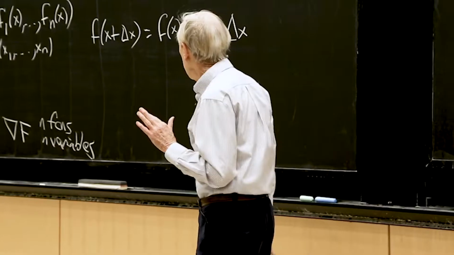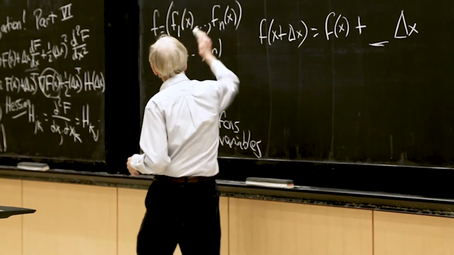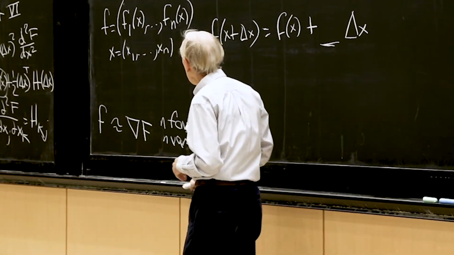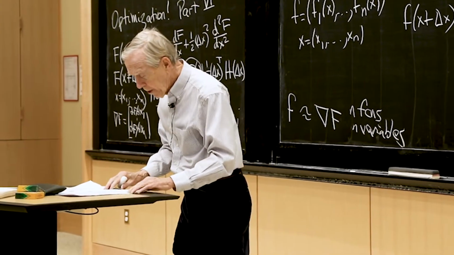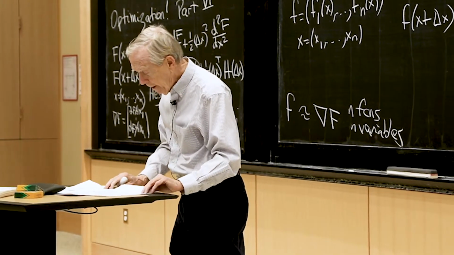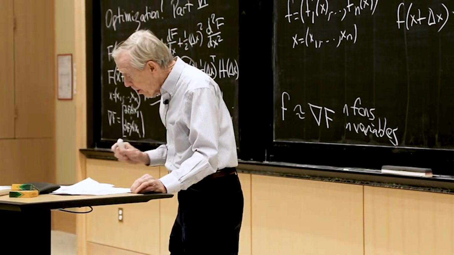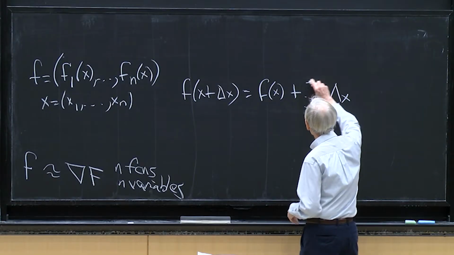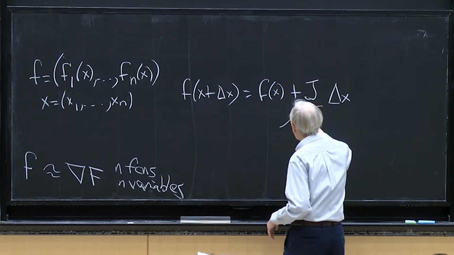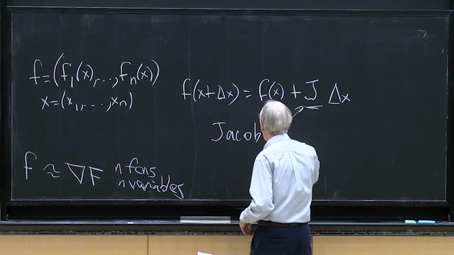Well, if I'm just given n functions, what am I after here? I'm looking for the Jacobian. So here we'll go the Jacobian, J. This is the Jacobian, named after Jacobi, Jacobian matrix.